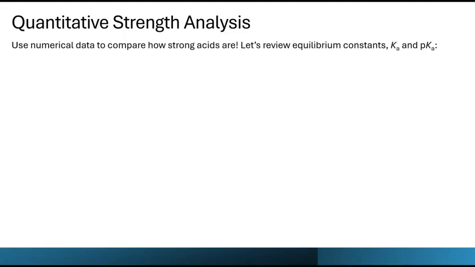Quantitative strength analysis: use numerical data to compare how strong acids are. Let's review equilibrium constants Ka and pKa. If we consider an acid and add that to water, the ability of the acid to dissociate or ionize in water can be determined by taking a look at the equilibrium constant and setting that equal to the hydronium concentration times the anion concentration all over the acid concentration, HA, and the concentration of water.